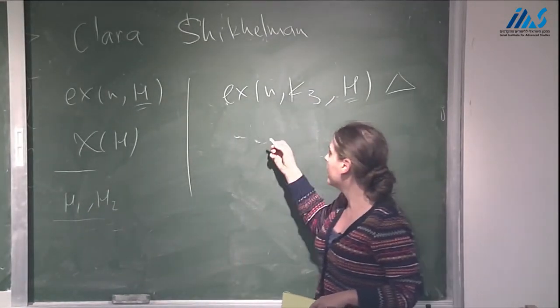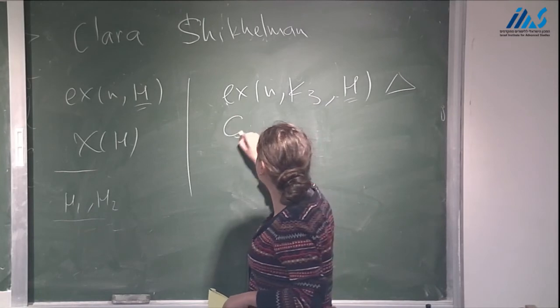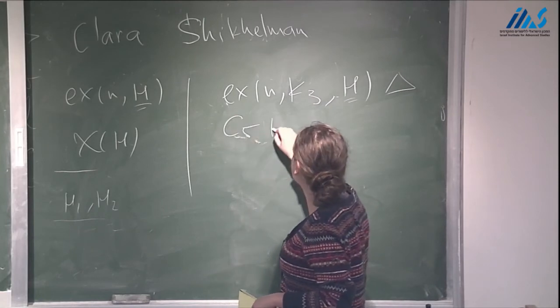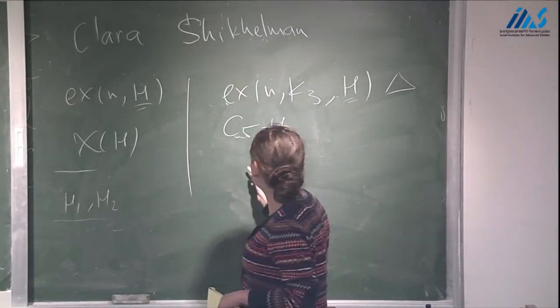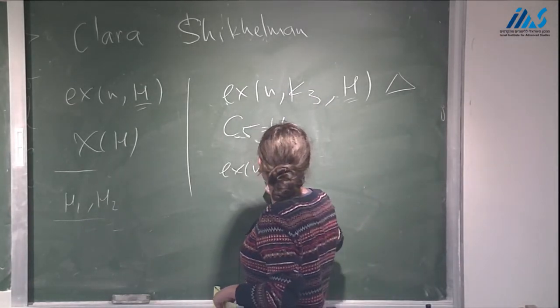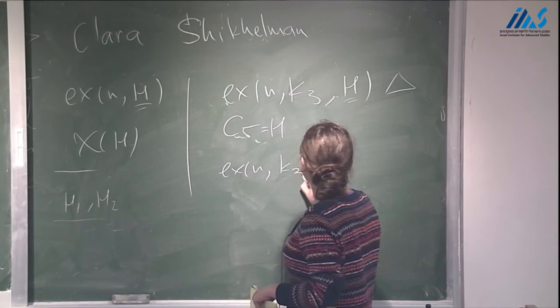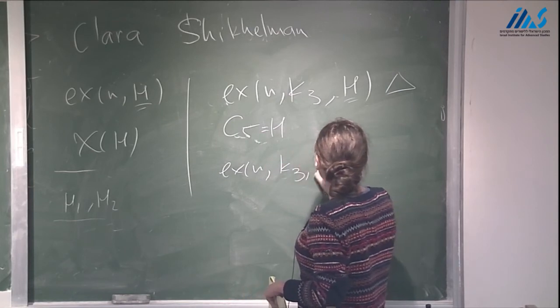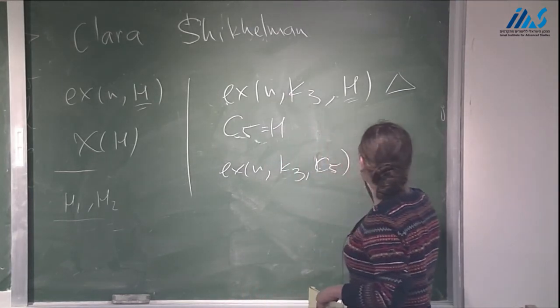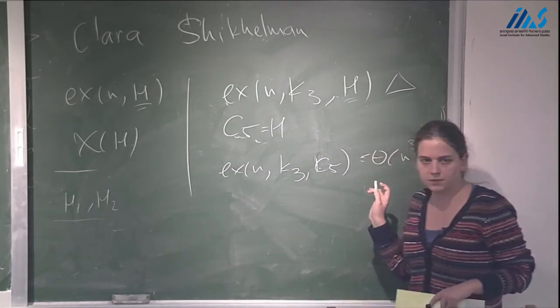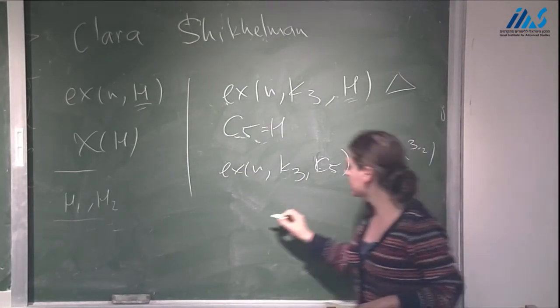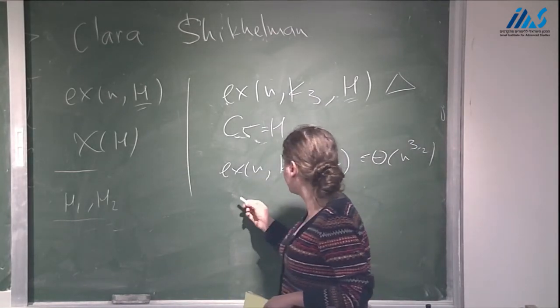But if we're looking at triangles, so even if H is cycles of length 5, if we just want to forbid one such thing, then this is around n to this power. Okay, so this can be proven.